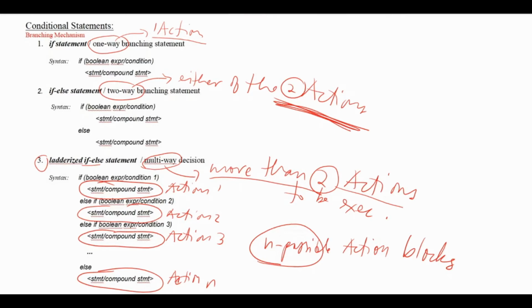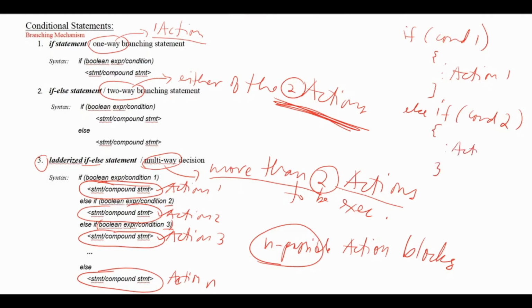And take note that for every action block, there is before it a condition to be satisfied. So we have here condition 1, and then condition 2, condition 3. Now, say we have three conditions. Say we have here if, this is condition 1, then you do this set of statements. We call this action 1. And then we say else if, condition 2, and then we have another compound statement.